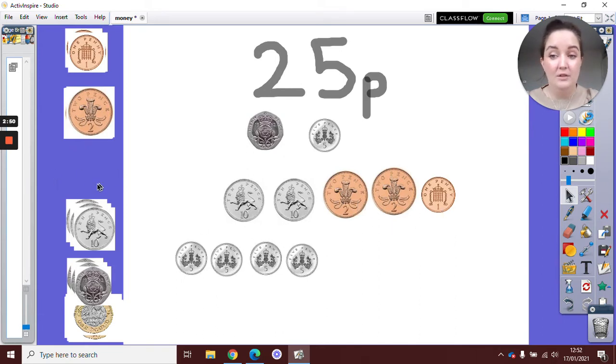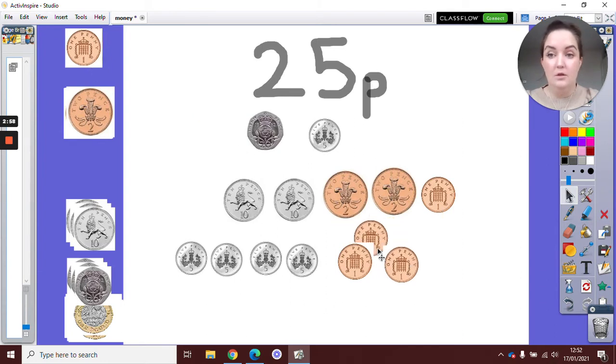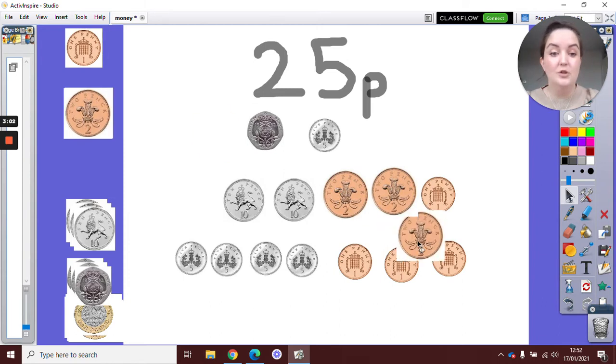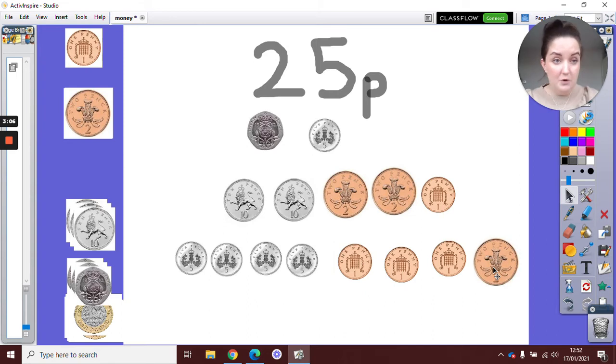Now I haven't got another 5p to use, so I'm going to use the pennies. 1, 2, 3, and then I'm going to use a 2p to make 5. Gosh, so straight away we've used lots of coins, but they all make the same amount.